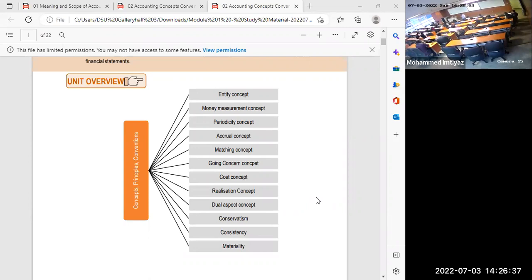Why? Because of the dual aspect concept. Each entry has two aspects in it, and both are recorded. So don't get confused later when I'm telling you the journal entries. One transaction is there, only 1 lakh is there. Why write 1 lakh two times? This concept only. Dual aspect concept.